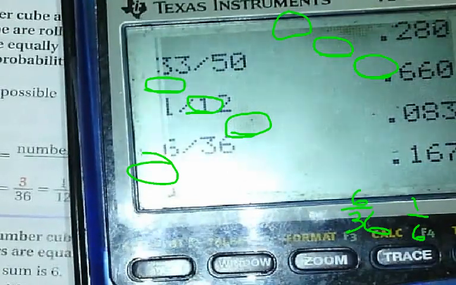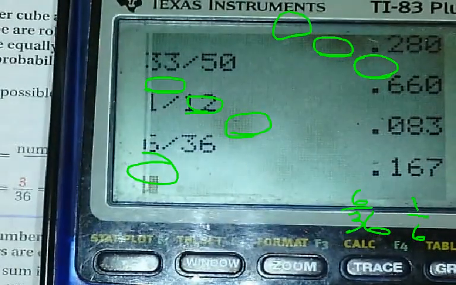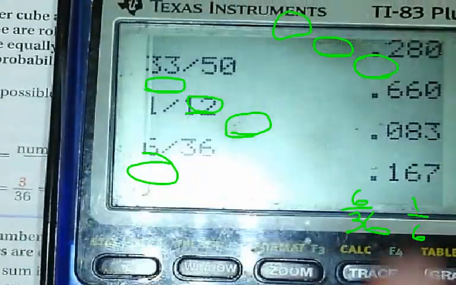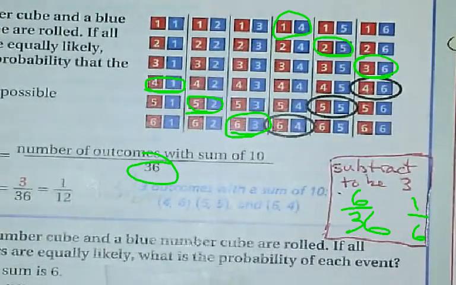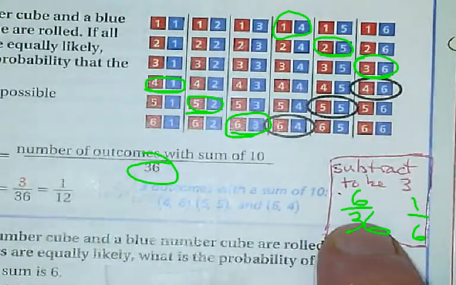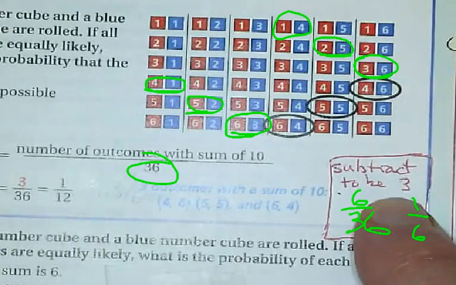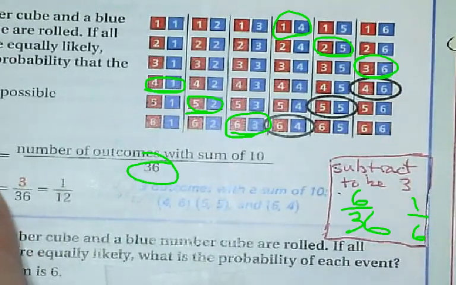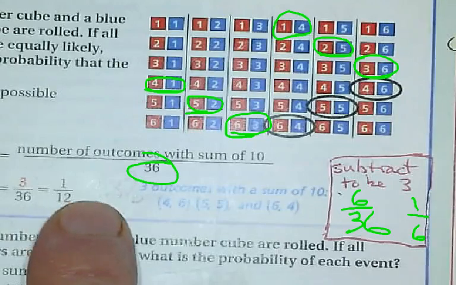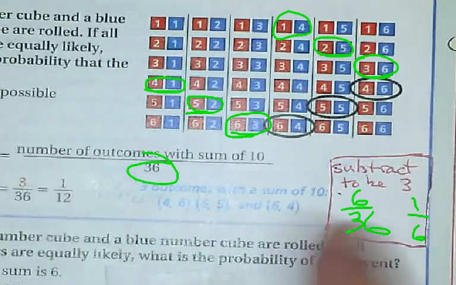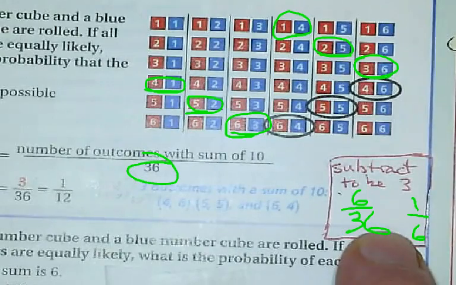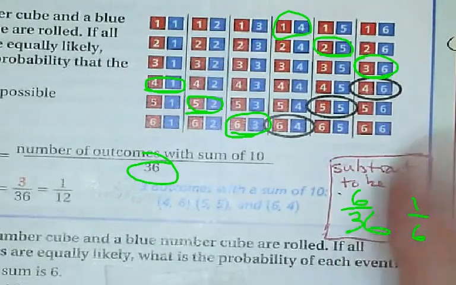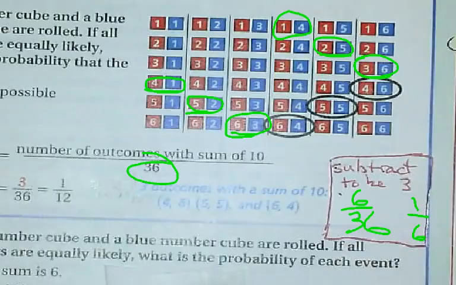That turns out to be 16.7%. Move the decimal twice, 16.7. So it's more likely to get something that'll subtract to be a 3 than something that'll add up to be a 10, because remember, this was only 8%. This one turned out to be 16% of the time. Twice as likely, right?